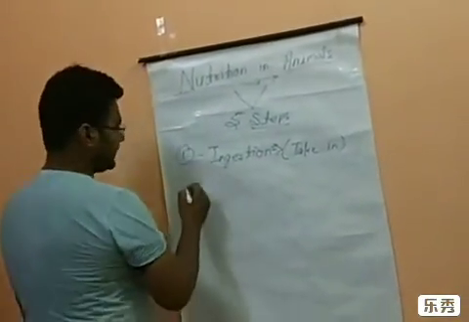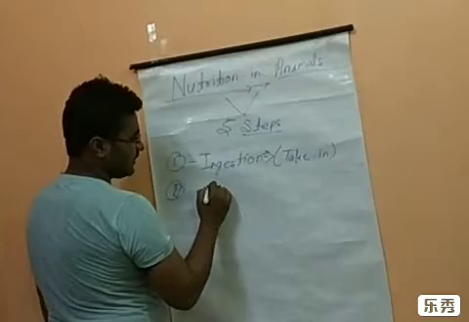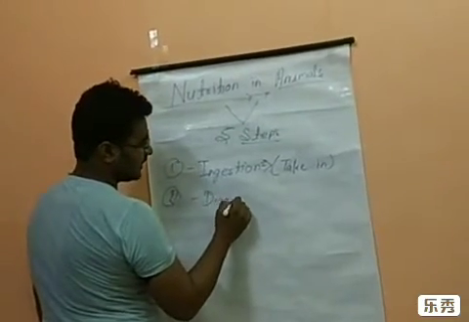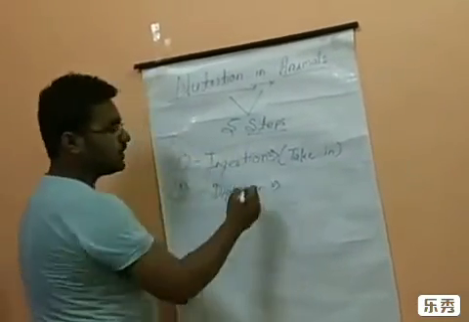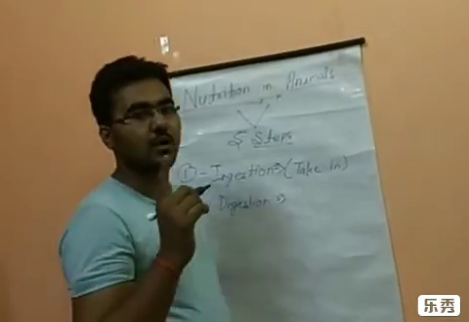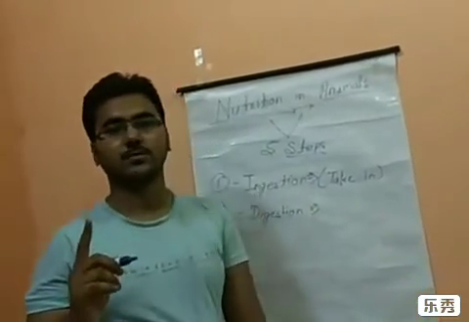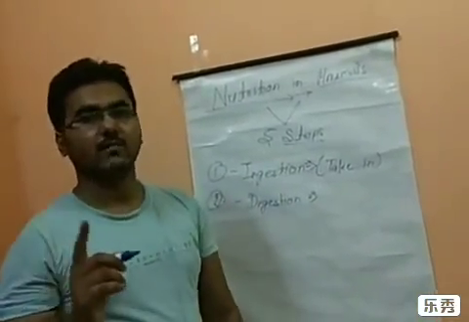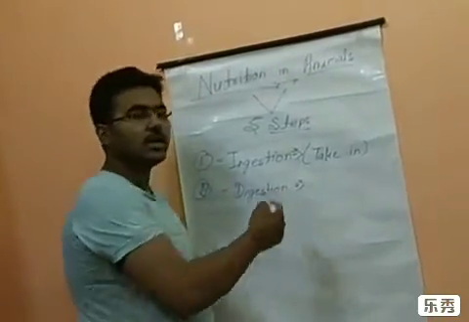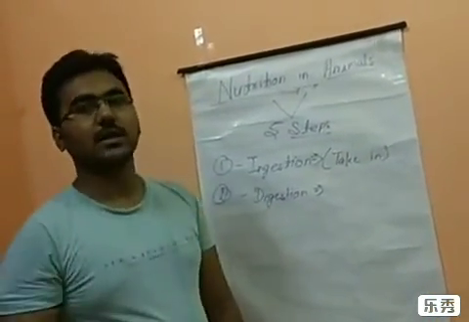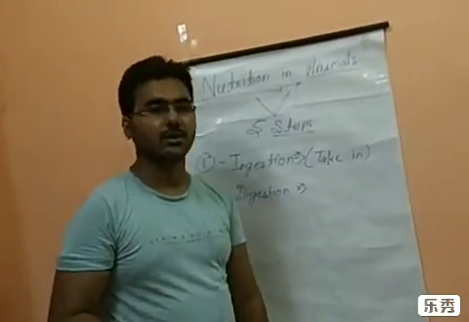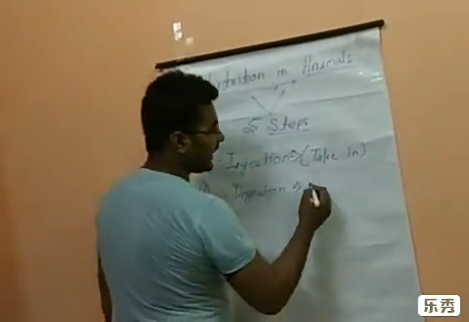The second one is digestion. In both the processes, one thing is common and most responsible, and that is teeth. Without teeth, ingestion or digestion cannot be possible, or if it is possible, then it will have many difficulties. Digestion means the breakdown of the food.